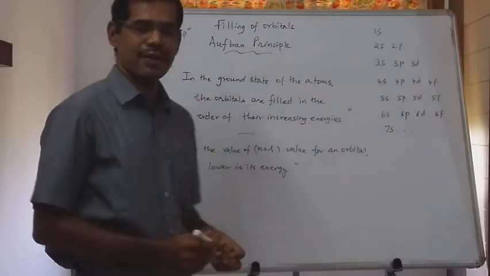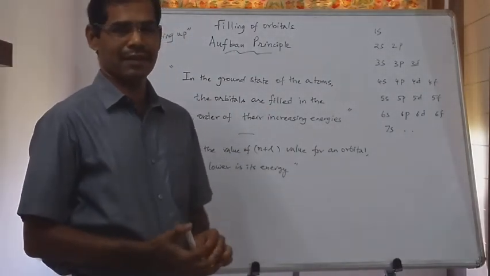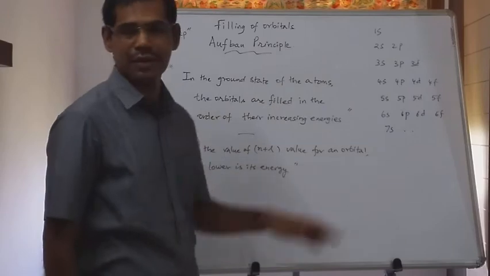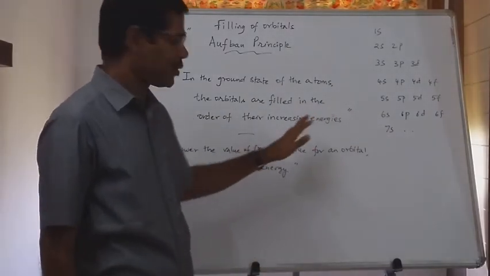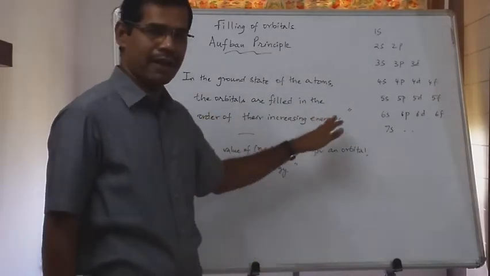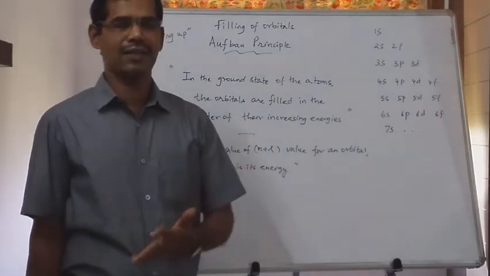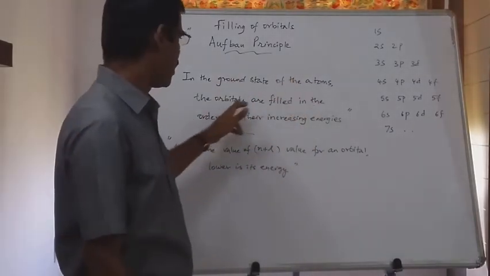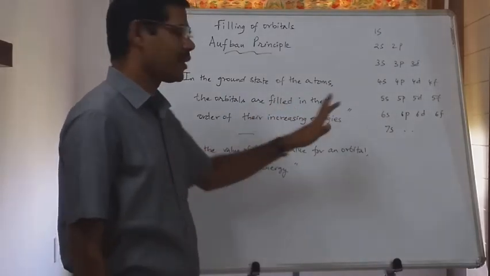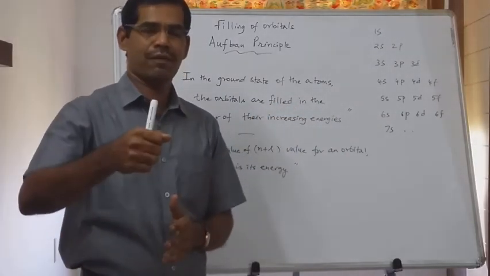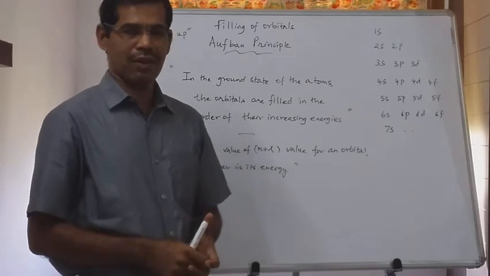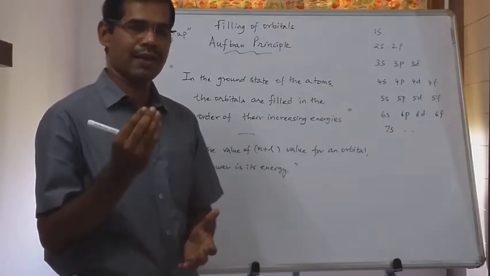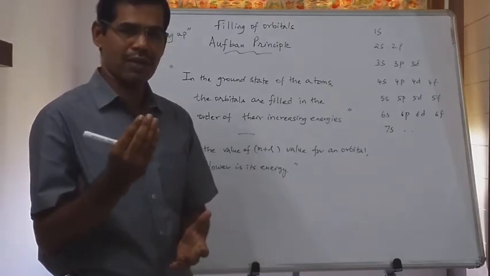According to the Aufbau principle, the statement says this: in the ground state of the atoms, the orbitals are filled in the order of their increasing energies. So while filling the orbitals with electrons, we have to see that the lower energy orbitals are filled up first.